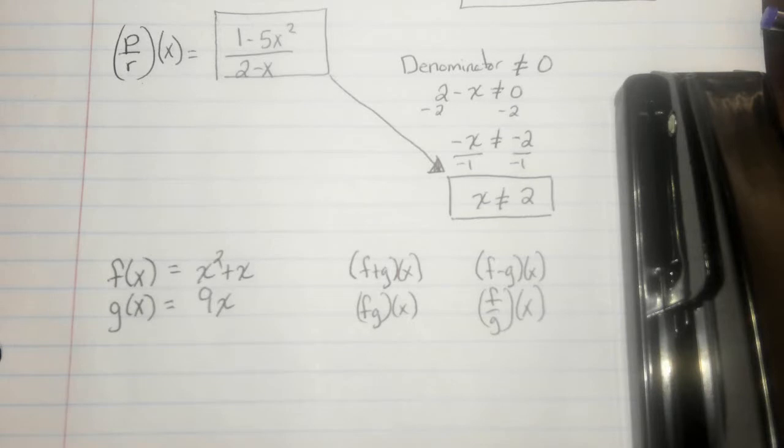I mean, the first one, the only combining you have to do is you do the 9x plus the x, so you get x squared plus 10x.